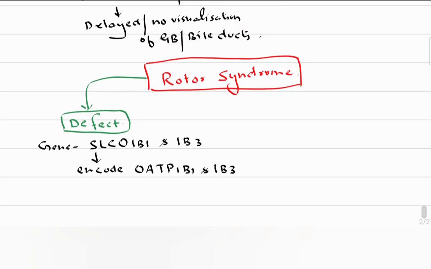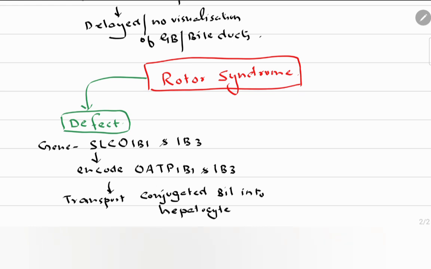And the function of this protein is to transport conjugated bilirubin from circulation into the hepatocytes. And it should be noted it is an autosomal recessive condition like Dubin-Johnson syndrome. Now coming to the clinical features in Rotor syndrome.